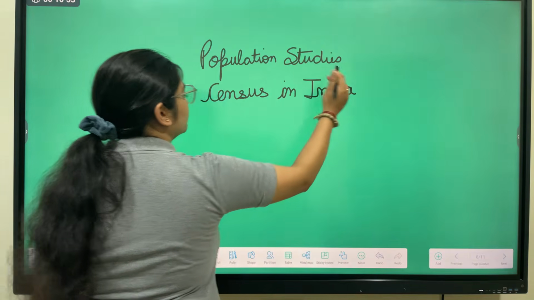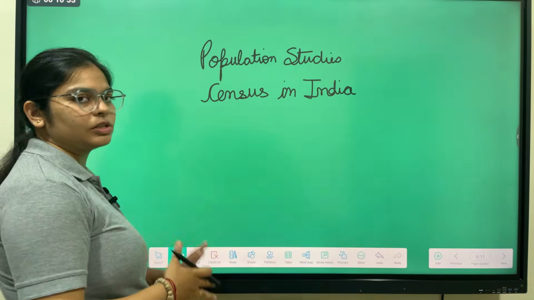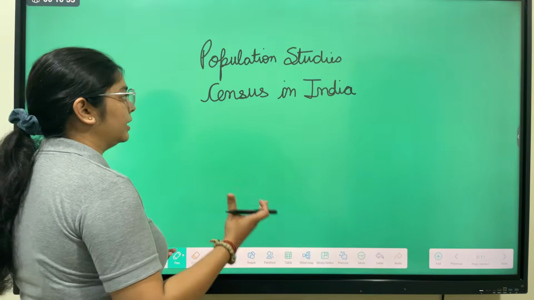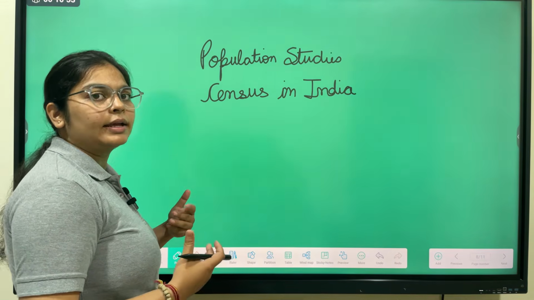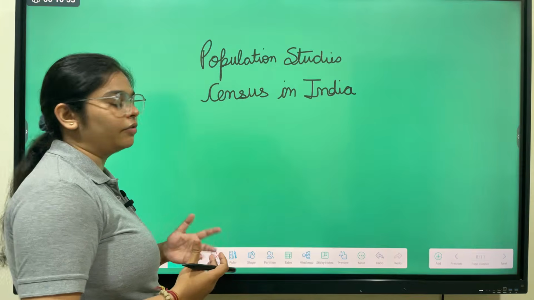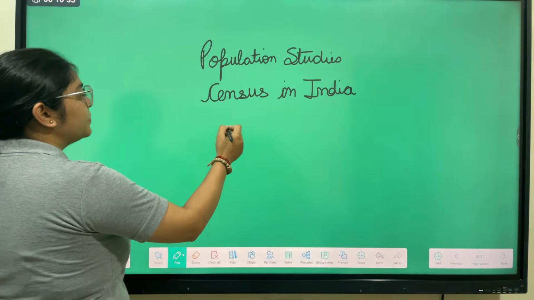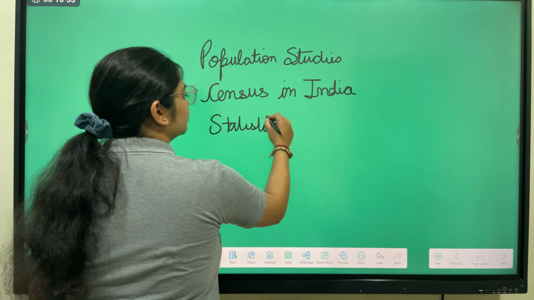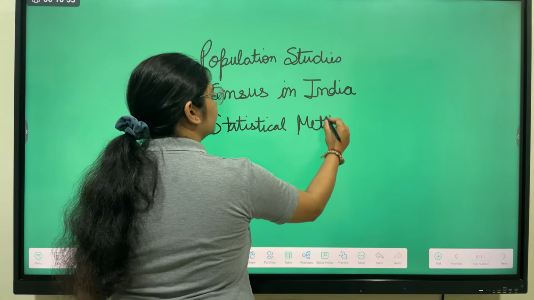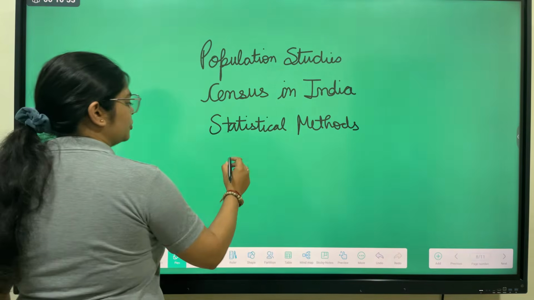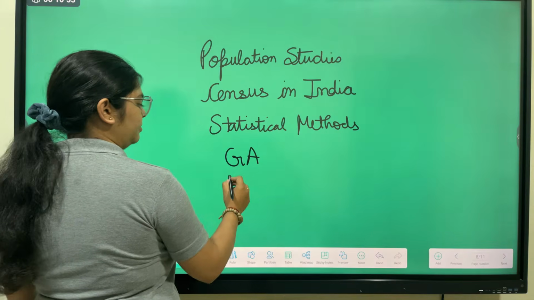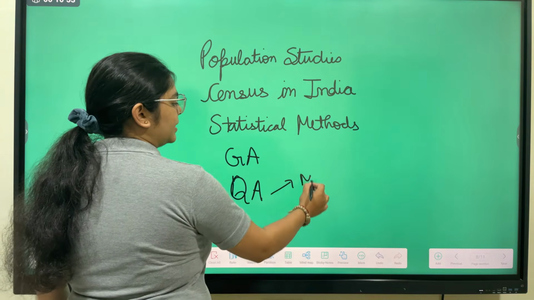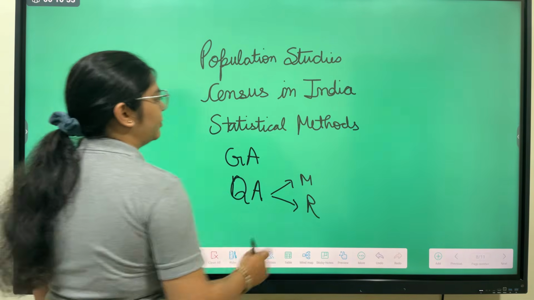Not just the biggest census, but also whatever comes under it, like economic census and NSS, the National Sample Survey. Then comes statistical methods. Then comes general awareness, and then quantitative aptitude. Quantitative aptitude includes mathematics as well as reasoning. Both of them are included.